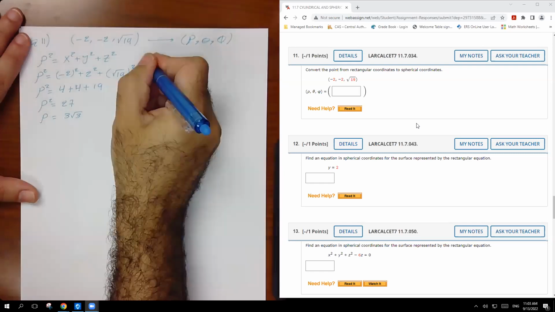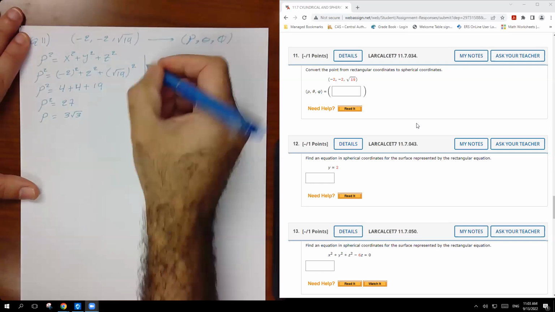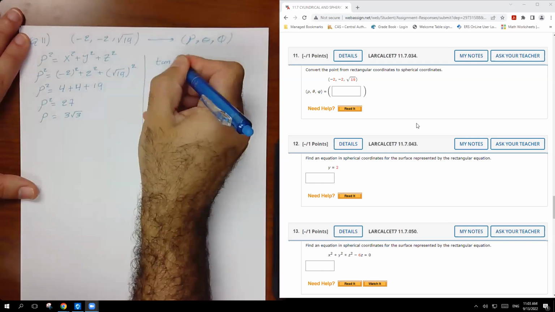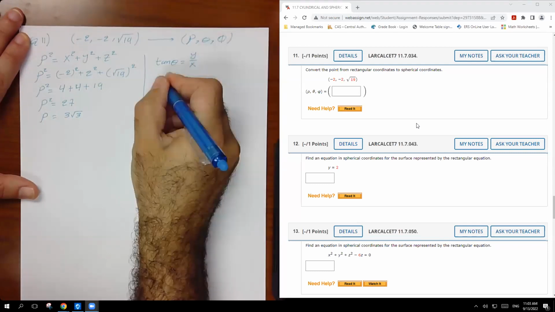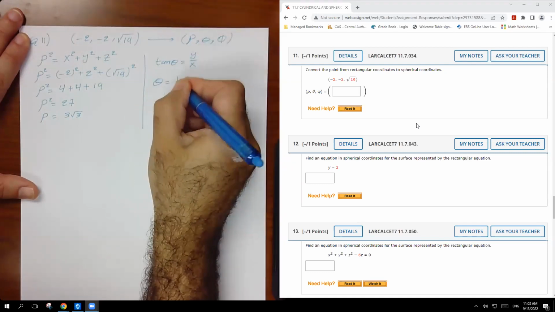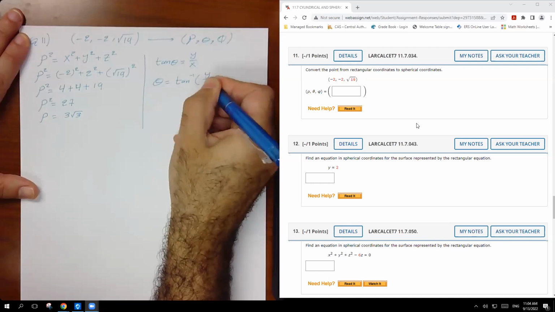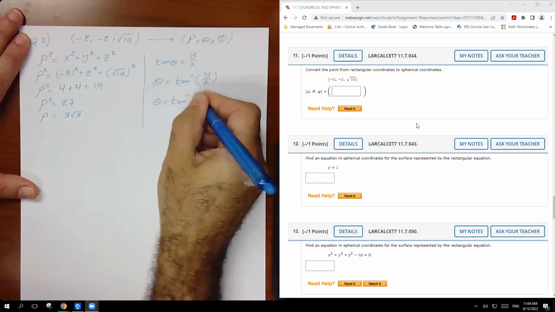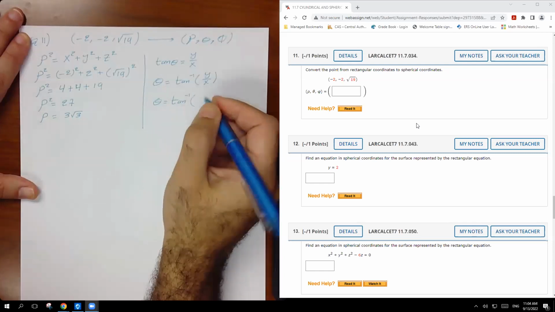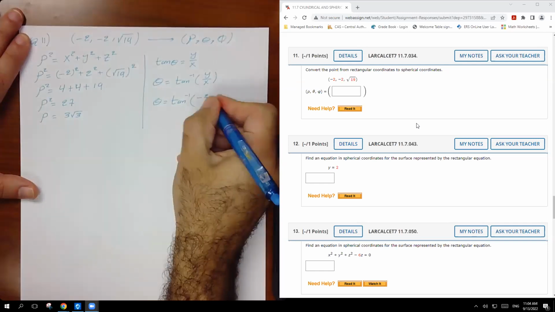The second part, we're going to find theta. So tangent theta is always y over x. Theta is going to be tangent inverse of y over x. That means theta is going to be tangent inverse of y, which is negative 2, divided by x, so negative 2 divided by negative 2.